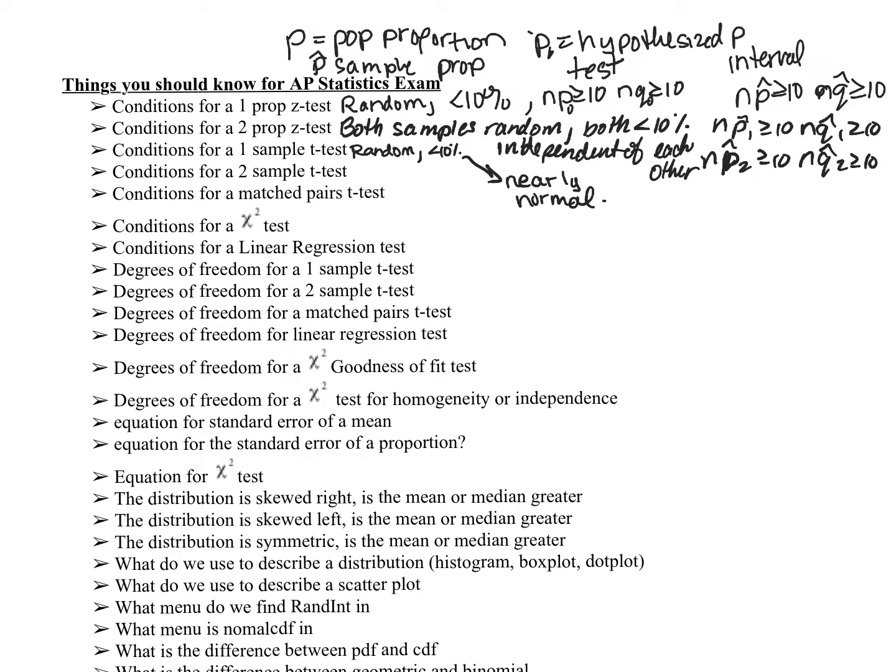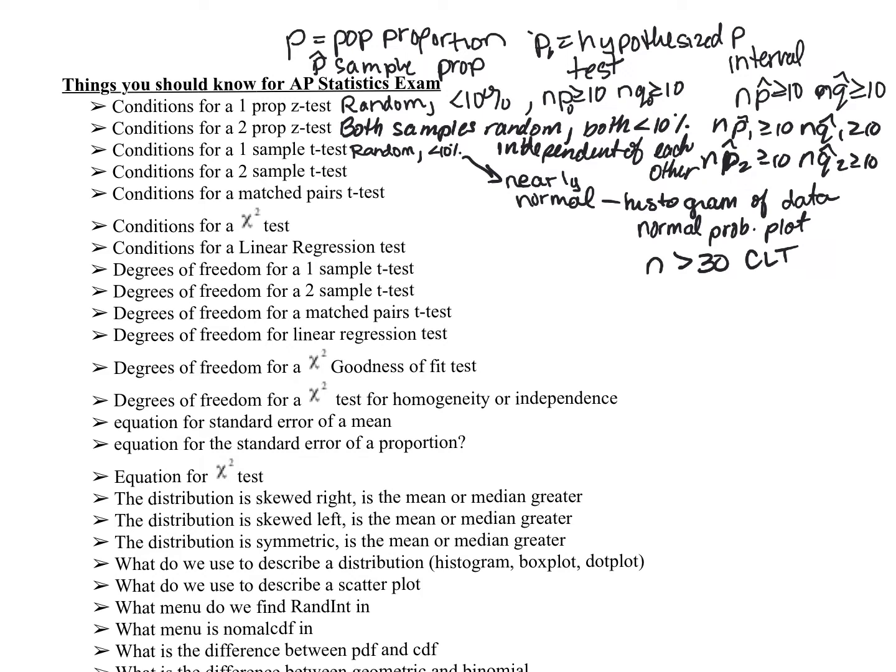So we look at a histogram of the data or a normal probability plot. And if you can't check that, what is that sample size that allows us to use the central limit theorem? 30. If n is greater than 30, we can use the central limit theorem.